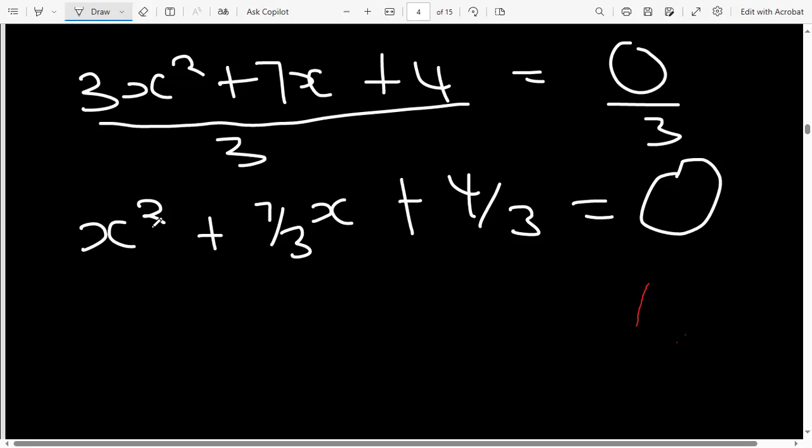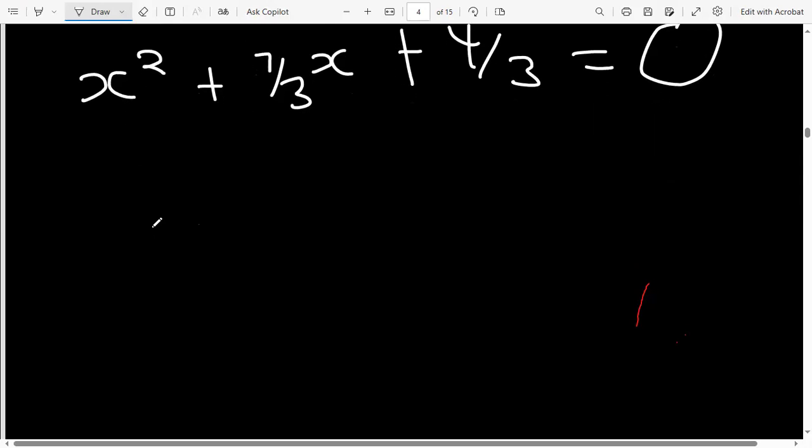And then the next step is just to create a what? A special 0. So we are going to say x squared plus 7 over 3 x, and then we are going now to say plus. We create the special 0 now. So we are going to get this coefficient of x, and then divide it by 2, and then square it.